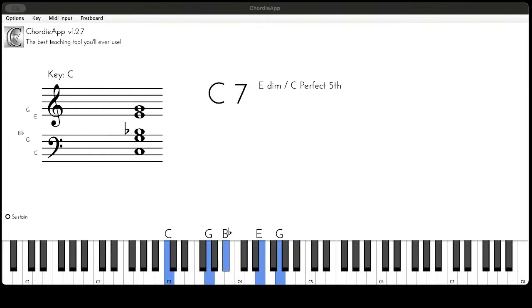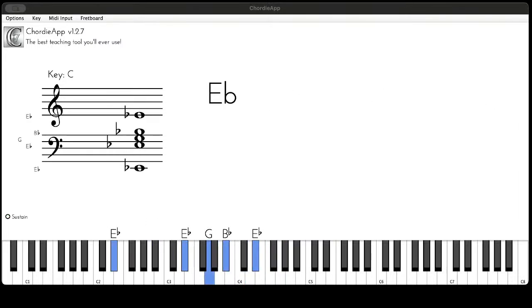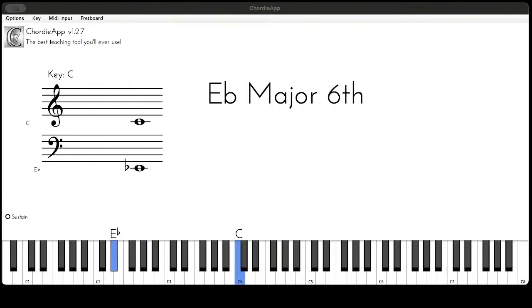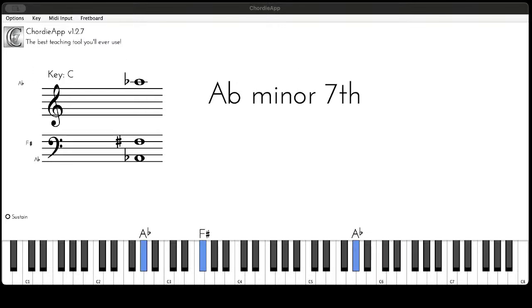One, and two, and three, and four, and one, and two, and three, and one, and two, and three. One, two, three, four.